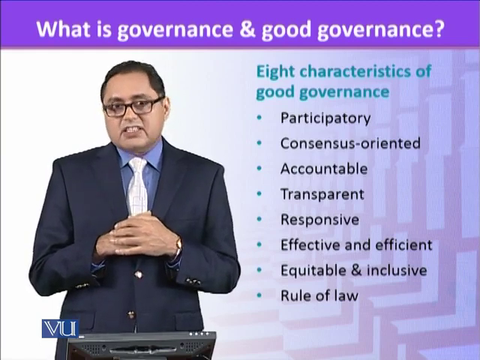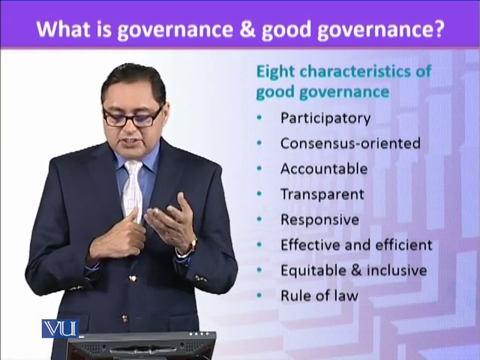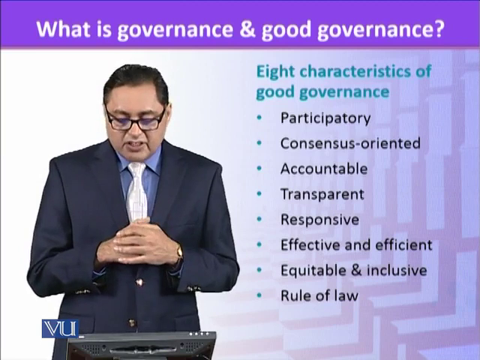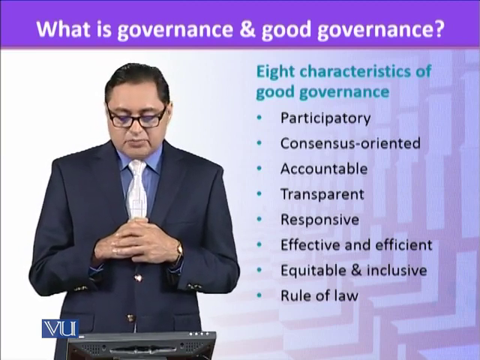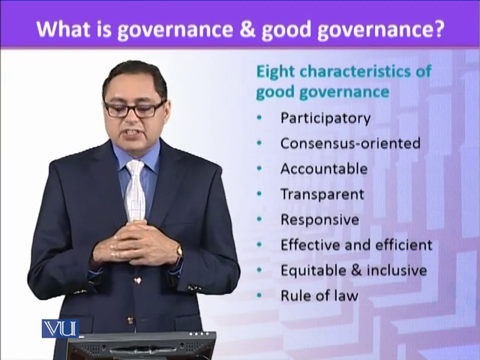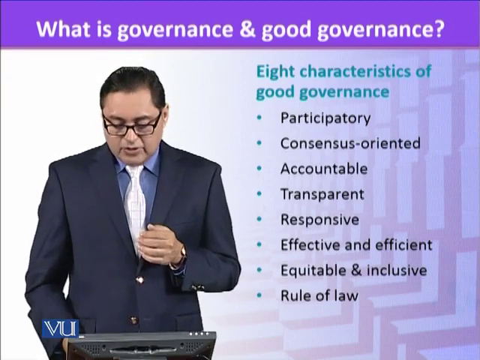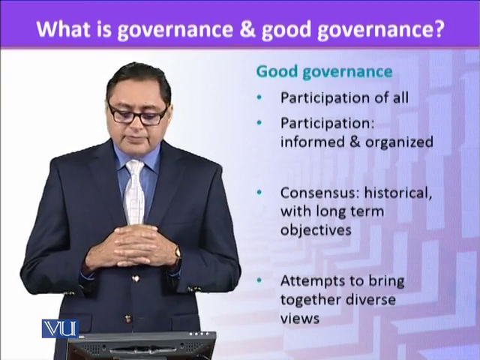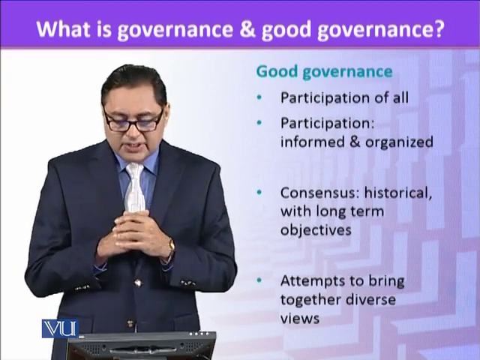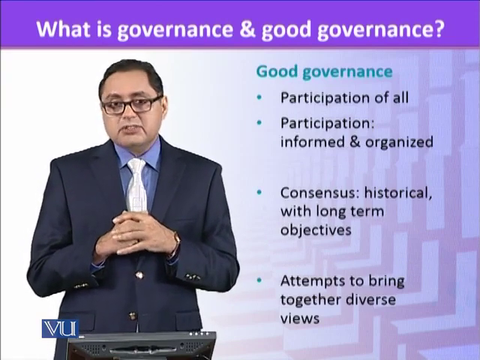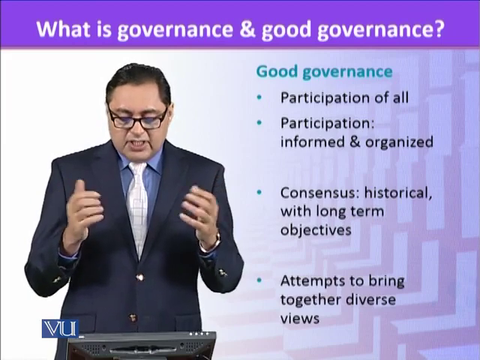And these 8 characteristics are participatory, consensus-oriented, accountable, transparent, responsive, effective and efficient, equitable and inclusive, and rule of law. And we will discuss each of them. So, participation means participation of all.